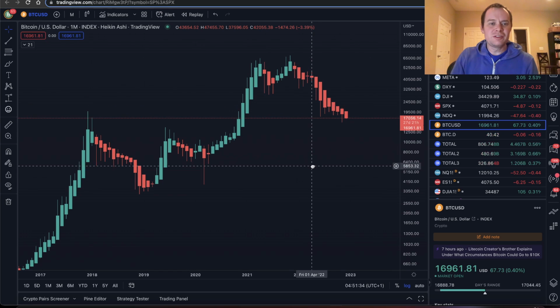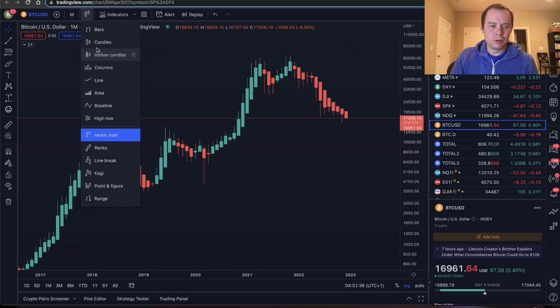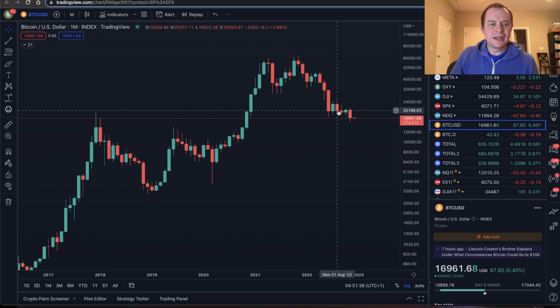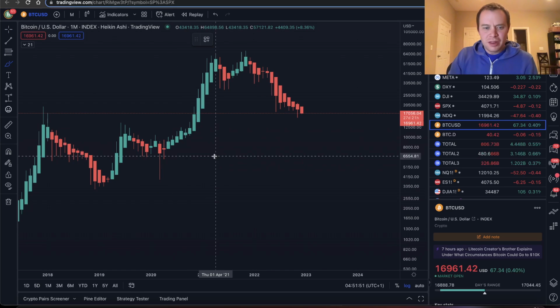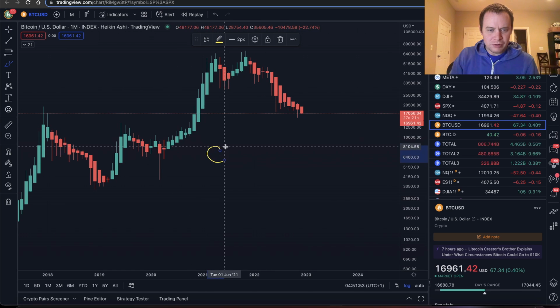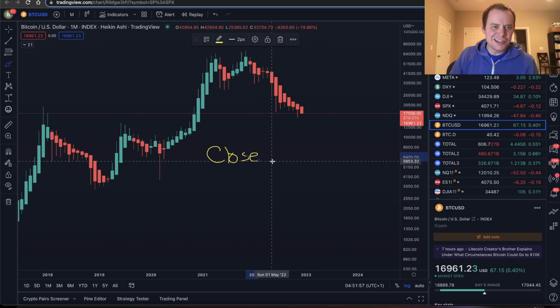Now, you might wonder, how are these colors chosen? Well, one thing to first consider is that normal candles only care about the price during that time period, like during that month. But Heikin-Ashi candles actually care about data from before. For instance, let's go through the close. The closing price for the Heikin-Ashi is not just whatever the closing price is on that day.